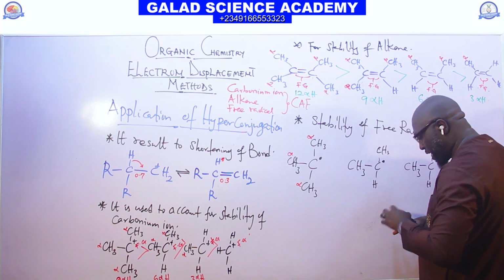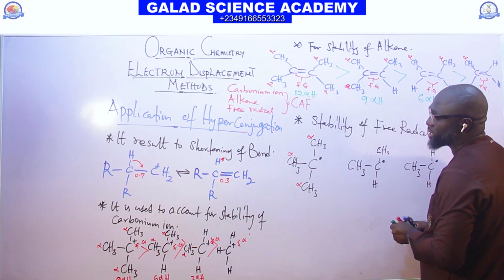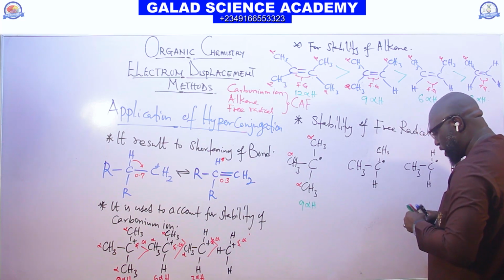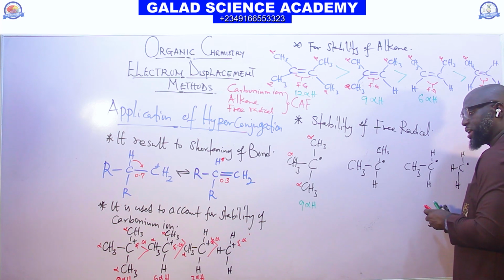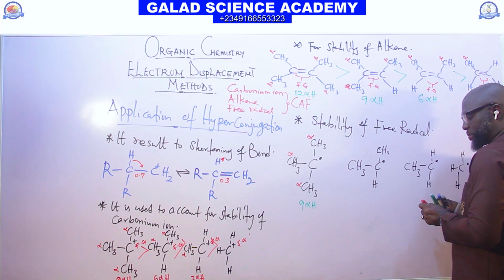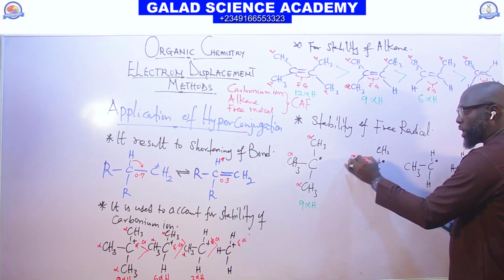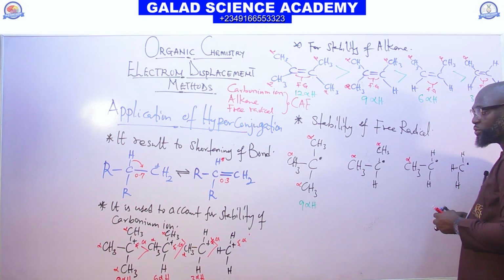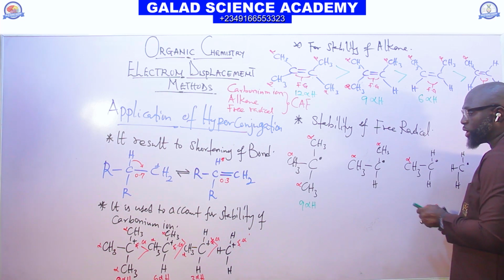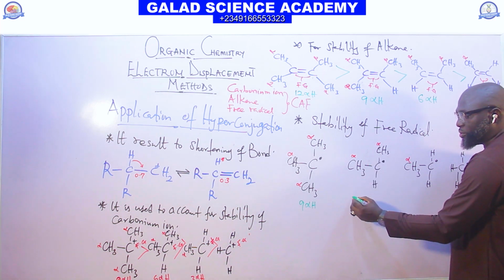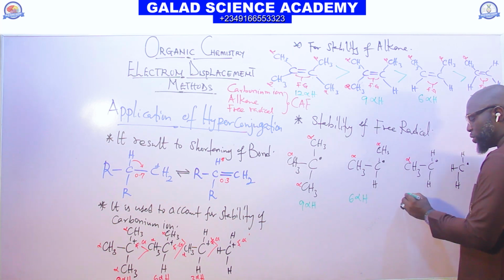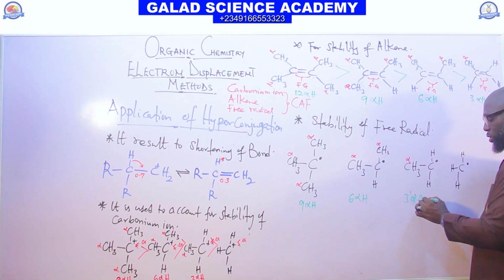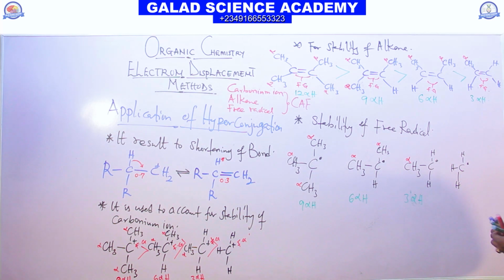If you add it together, the same as what we have here, 9 alpha hydrogens. So here, how many alpha carbons? 1, 2. Here we have 1. So if we have it in that form, how many hydrogens are attached? 3, 3, we have 6 alpha hydrogens. We have 3 alpha hydrogens.